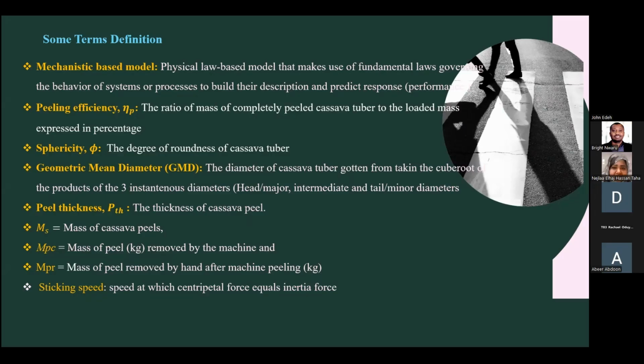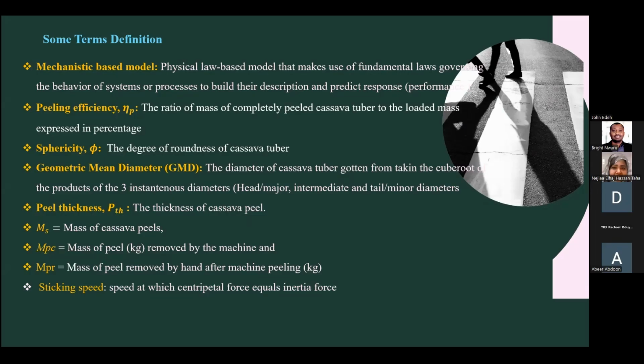These responses are the performance of those systems. Then peeling efficiency is one of the key words, which is the ratio of completely peeled cassava tuber to the loaded mass expressed in percentage.